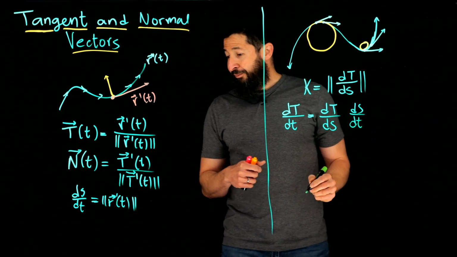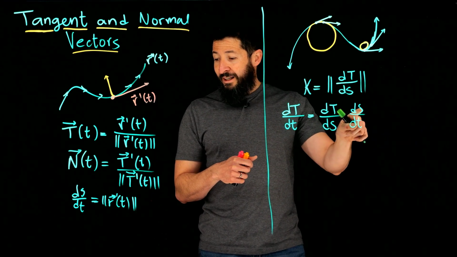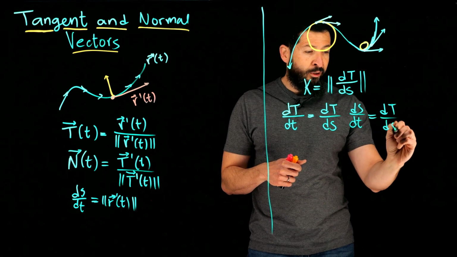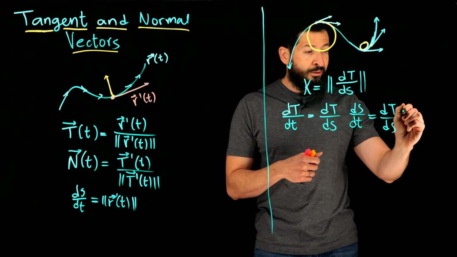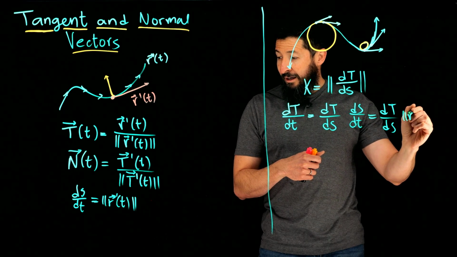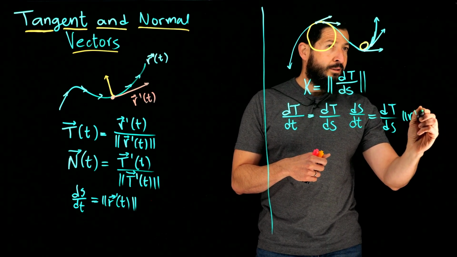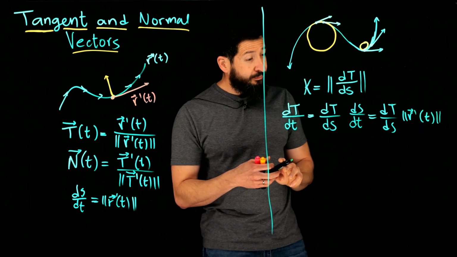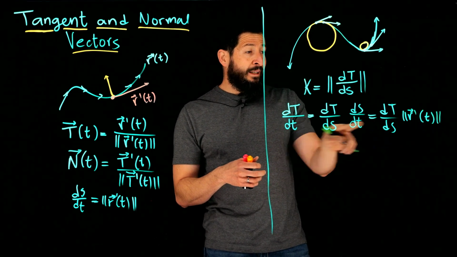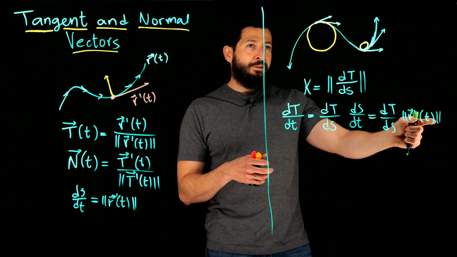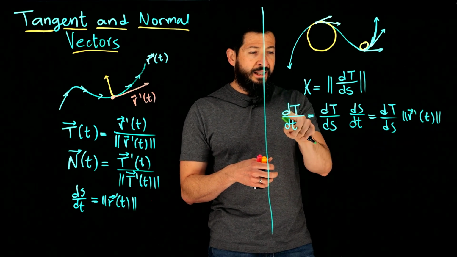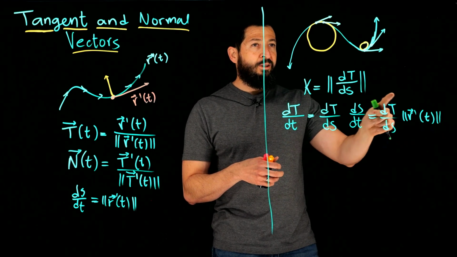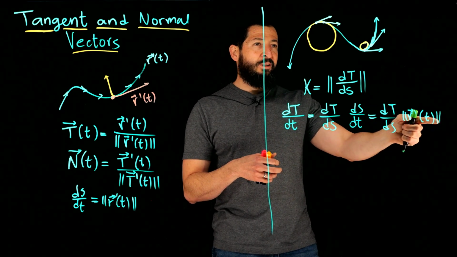And lucky for me, this ds dt is nothing but what I wrote on the other board, which is just the magnitude of r prime of t. Now, when I take magnitudes here, this right here is a scalar. So I can pull that out, and I can take magnitudes on this too. This right here is going to be a vector, this right here is going to be a vector. Take magnitudes, but this right here is a scalar.